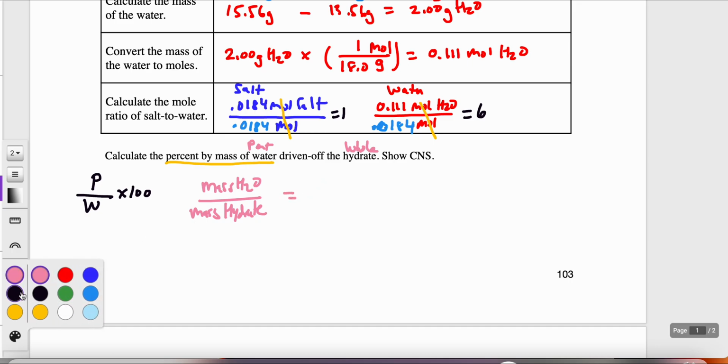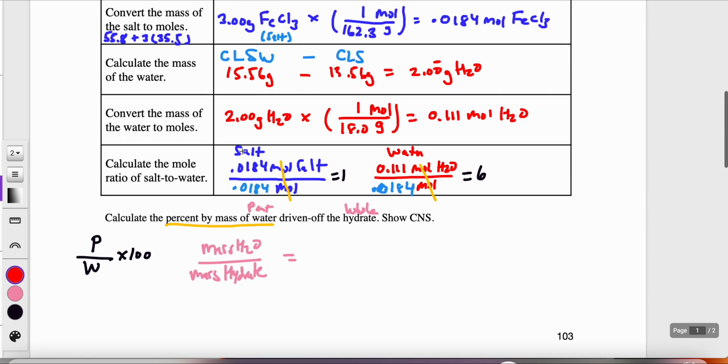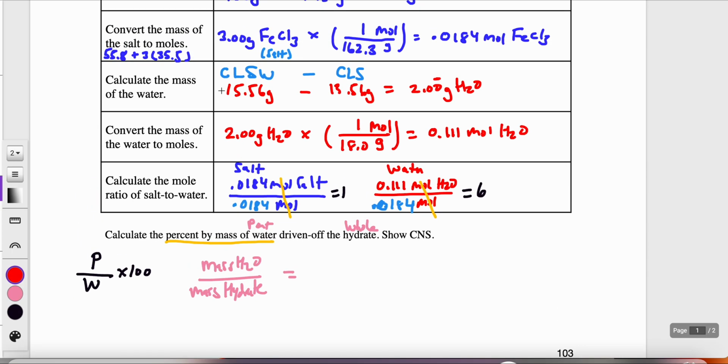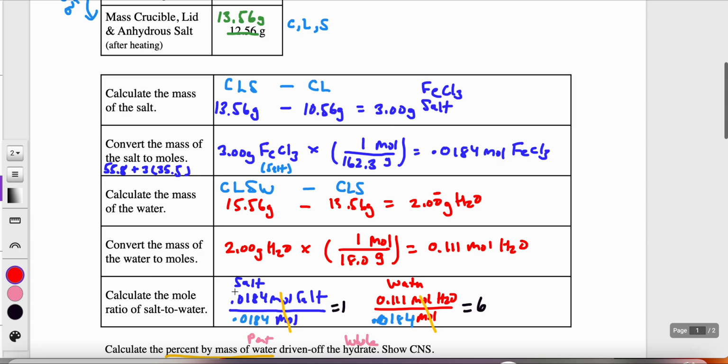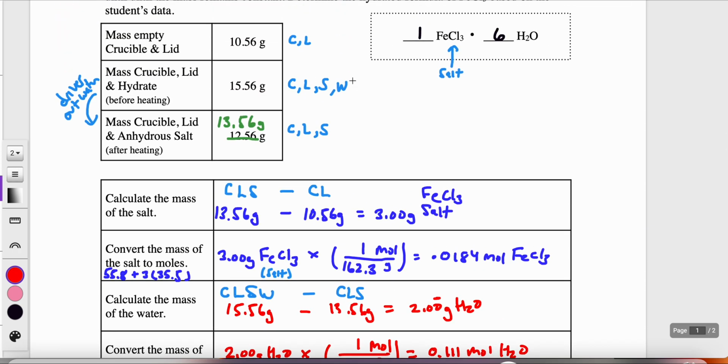So thinking through the numbers. So I already know from earlier that the mass of the water that was driven off was 2.00 grams. So I have 2.00 grams. Now I don't have the mass of the hydrate. This right here, because it's both the salt and the water, is the hydrate.